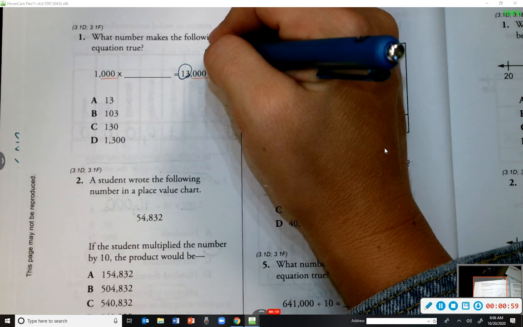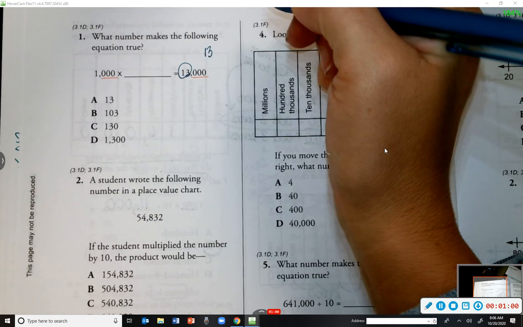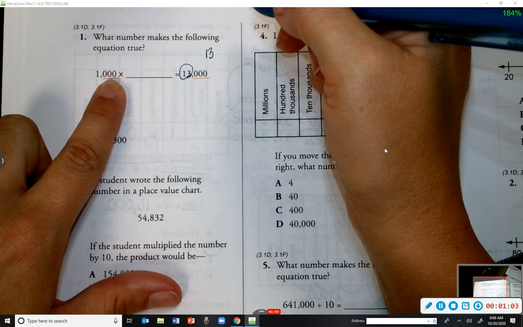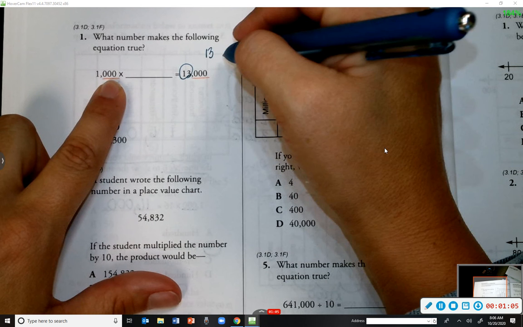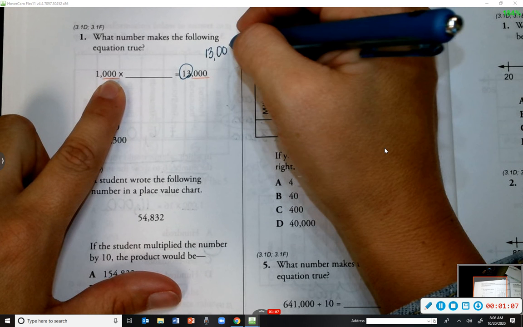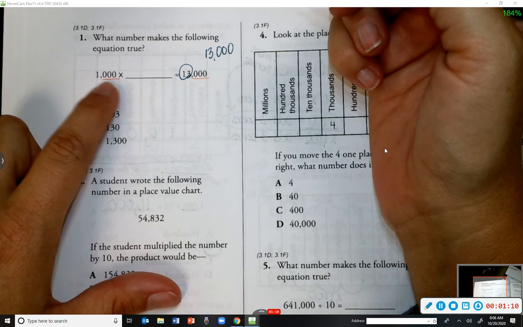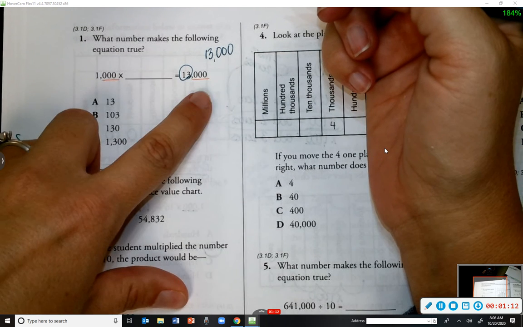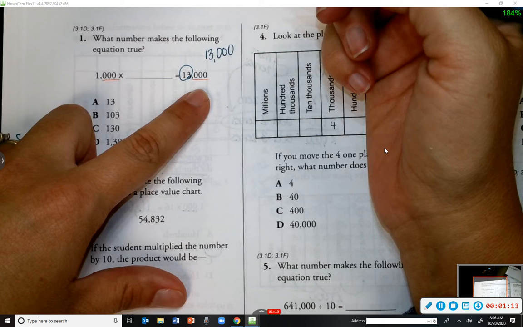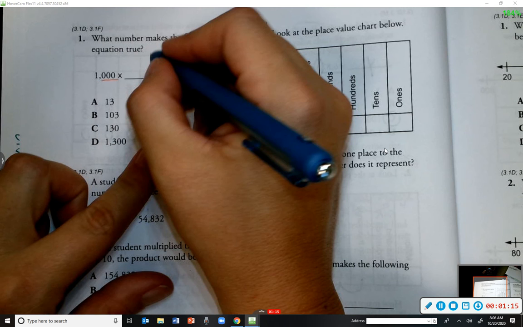So if I take 13 and multiply it by 1,000, remember we just add three zeros at the end. 1, 2, 3. Okay? So since this is 1,000 and I'm going to 13,000, I would multiply by 13.